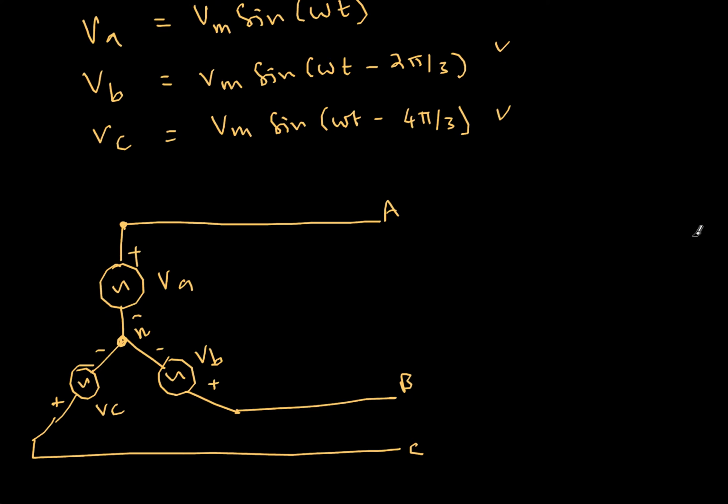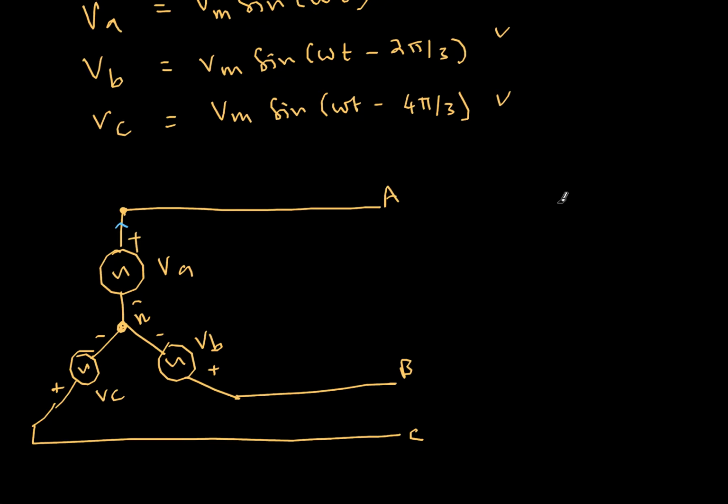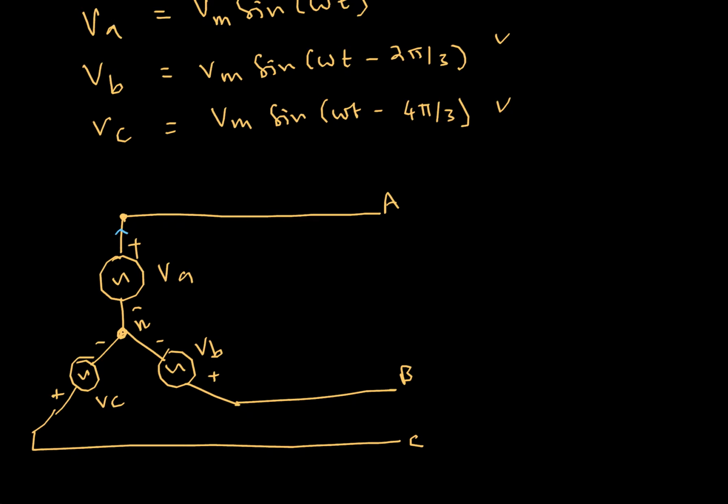So now I would like to define what are called phase quantities and line quantities. If I define the current here, imagine that these three terminals are supplying a load. So in fact, let me draw the load.